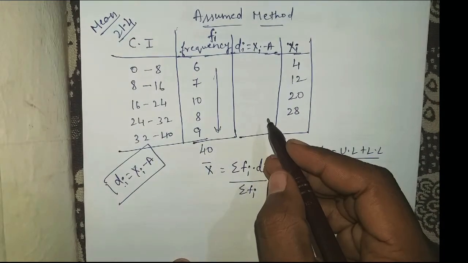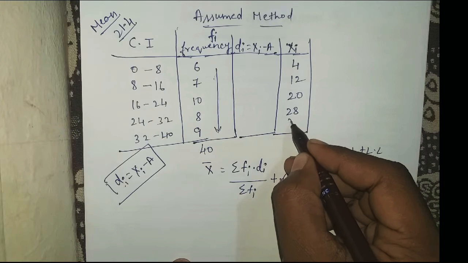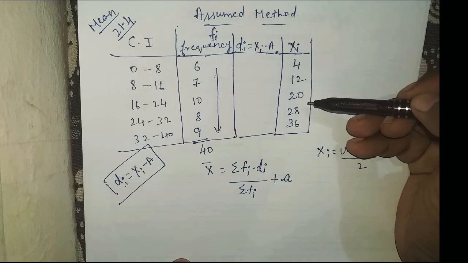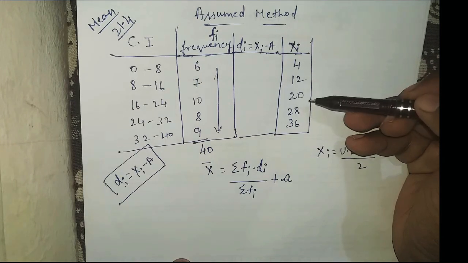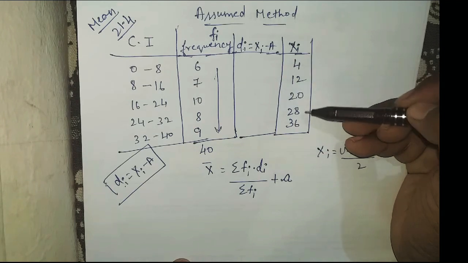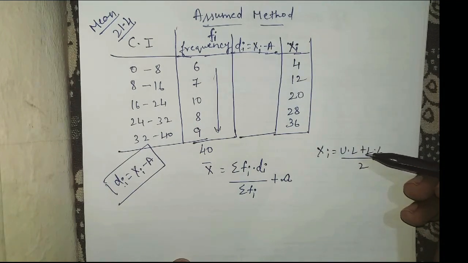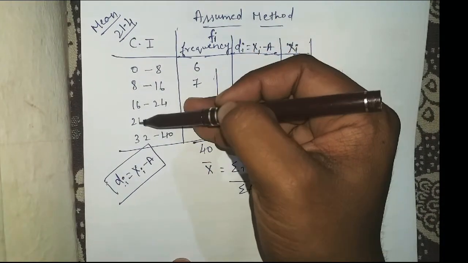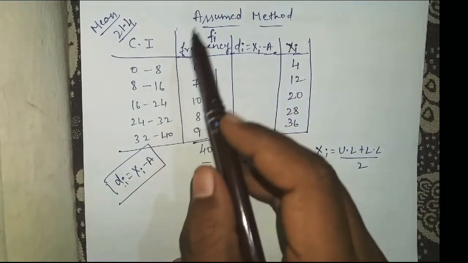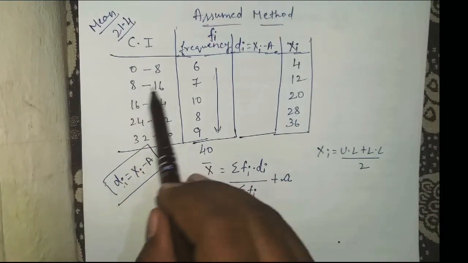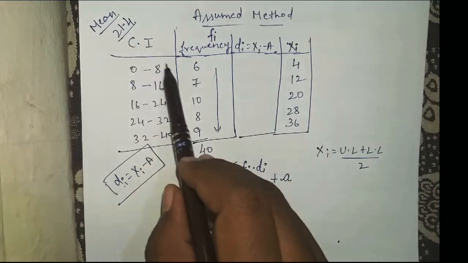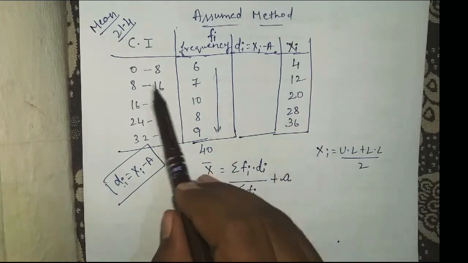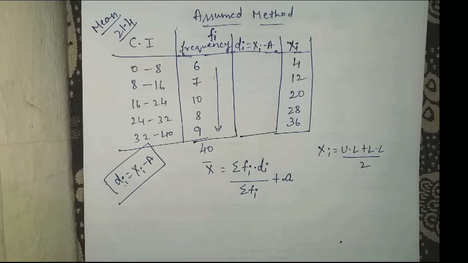And 40 plus 32 is 72, which is 36. I am doing this fast here because I taught you xi in the direct method. There is a formula: xi is equal to upper limit plus lower limit by 2. For each interval we consider upper limit plus lower limit by 2, so I get the xi answer for each interval.